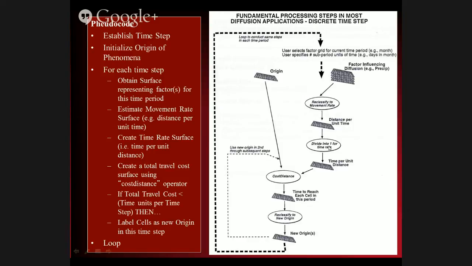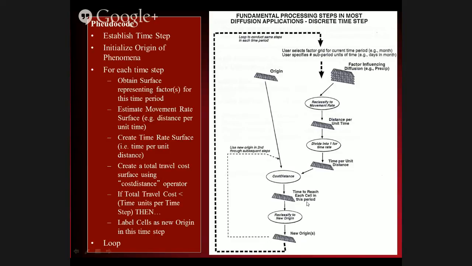Then we divide that into 1. So 1 over that to give us the time per unit distance. Okay. Then we run the cost distance function using the origin as the source. And what we'll end up with is the time to reach each cell in this period.